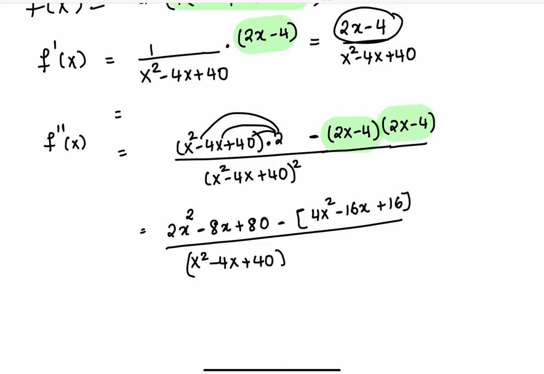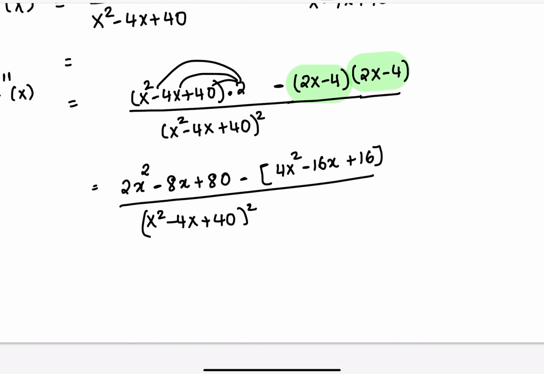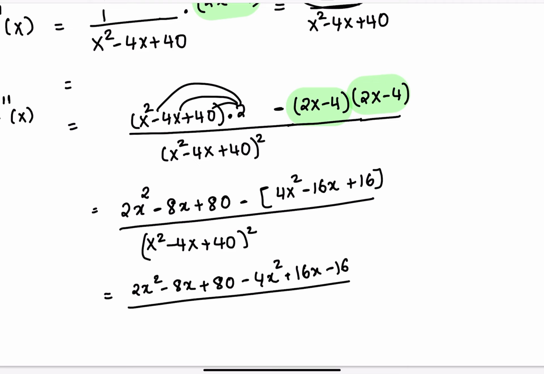Now you can graph this in your graphing calculator, but trust me, you will not find those inflection points. So I have to make sure I work this out. This is 2x squared minus 8x plus 80 minus 4x squared, plus, very careful, plus and minus 16. The whole thing over x squared minus 4x plus 40 whole squared.